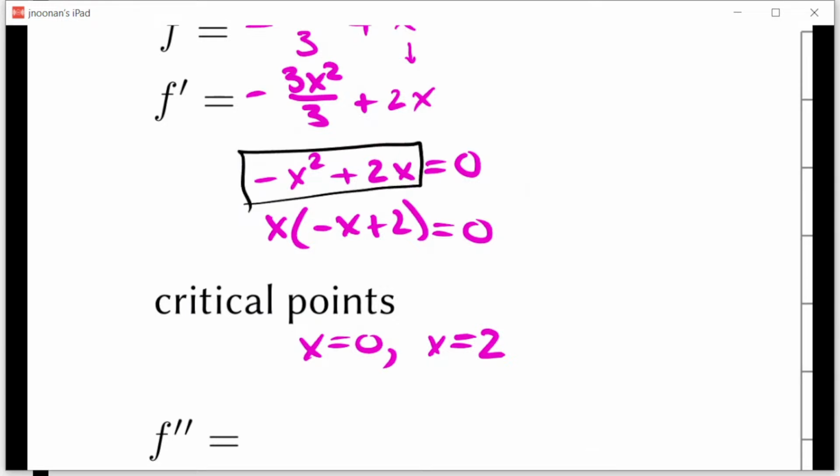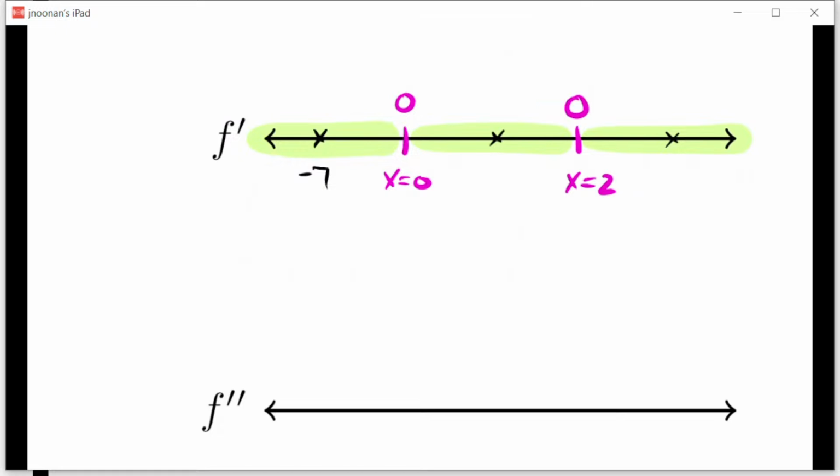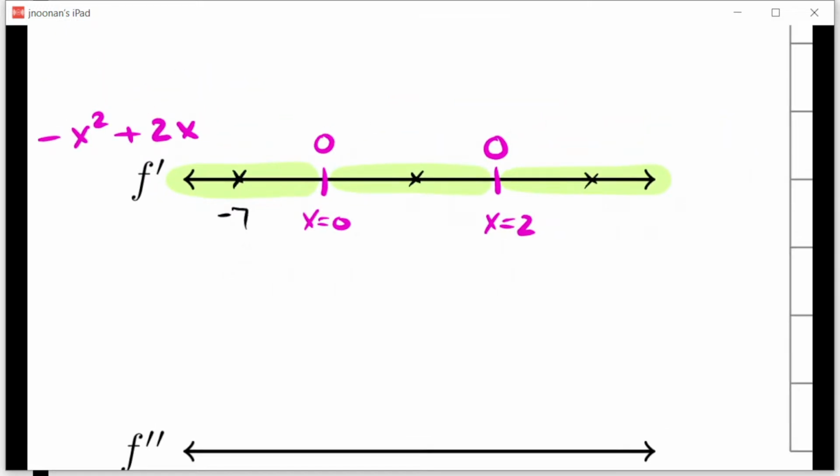In fact, I'm just going to copy and paste this. There. Okay, so when I plug -7 into that, I'll do this one for you, since Sam picked it.